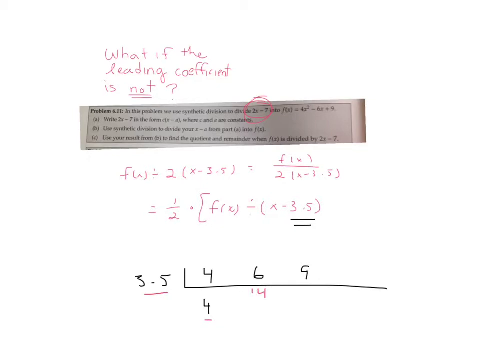And add those up, you get 20. And then 3.5 times 20, well, of course, 70. And add those up, you get 79.